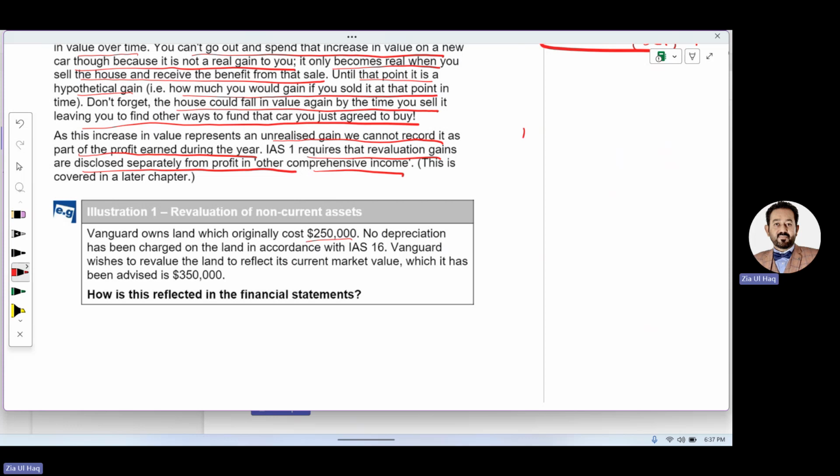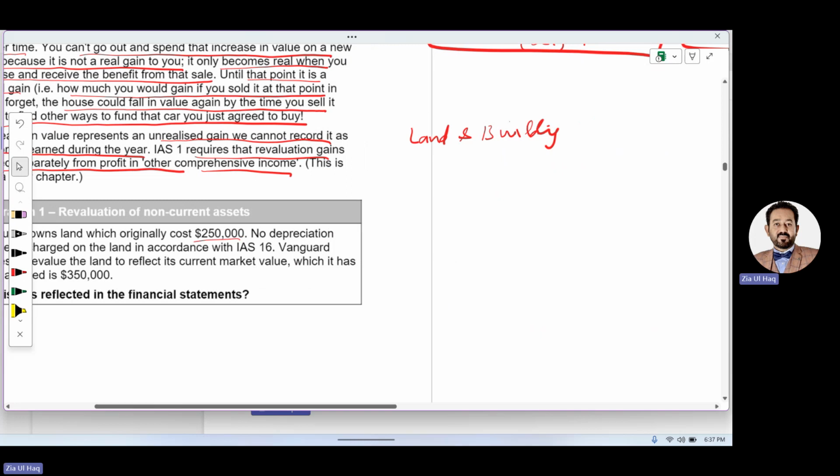Suppose we have land and building, and its value is say 100,000.